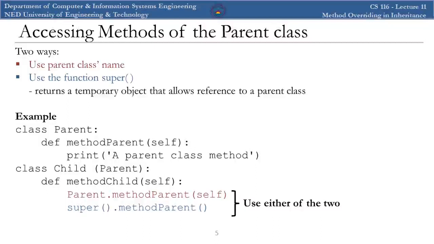And there we never use this argument self, because that object name itself gets transformed into self, right? But if you are accessing from inside the class, then you have to specify this essential parameter self. So I just want you to remember this, that if you are using the first method, you have to write self in parentheses, and if you are using this super function, then you do not have to write this self.